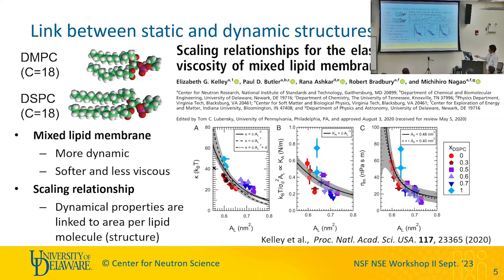But the interesting thing is if we scale all those parameters with the area per lipid, that is the area occupied by a molecule, that is relating to the structure information, that is actually giving you a universal relationship. So structure and dynamics are actually going together. So that kind of thing we could see.